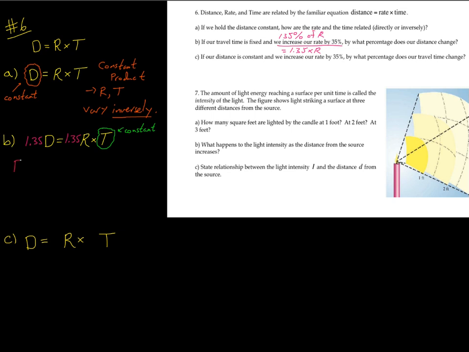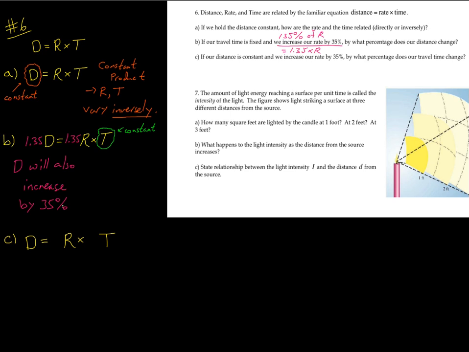So here we can say that the distance will also increase by 35%.